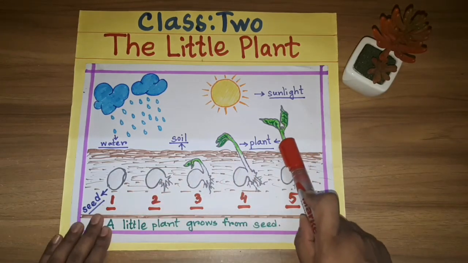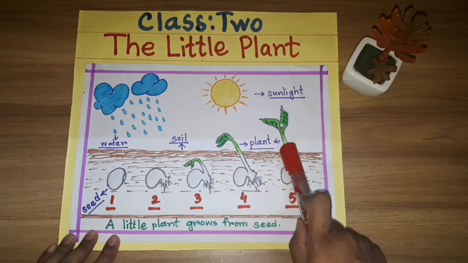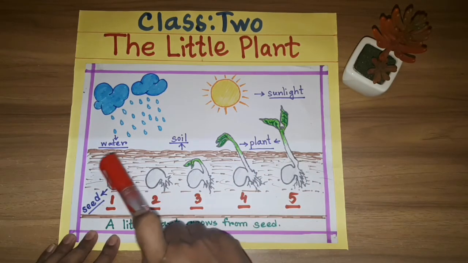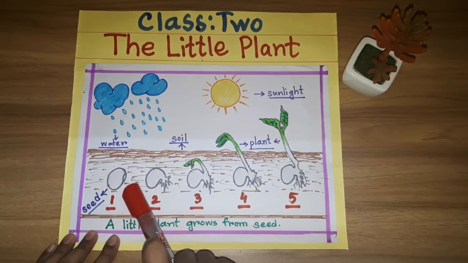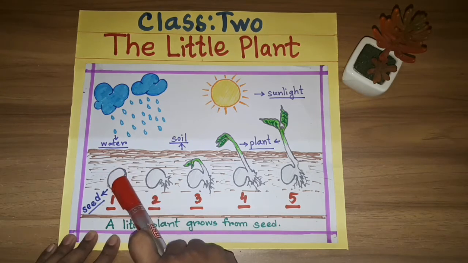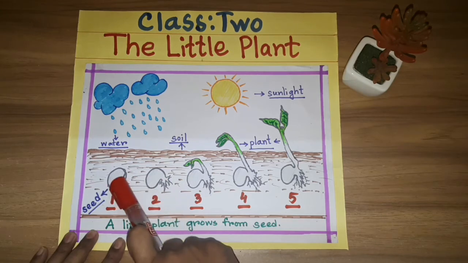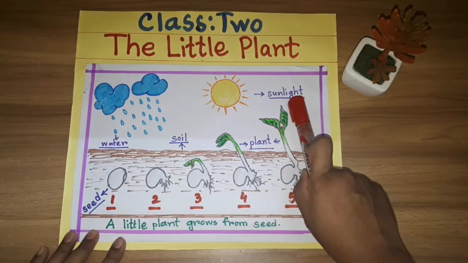Actually, the life of a little plant lives in this seed. Slowly, day by day, a plant comes from a seed. When we sow a seed, that means we cover it with soil, it changes. In this picture, you can see that a root is coming out because this seed got water and sunlight.